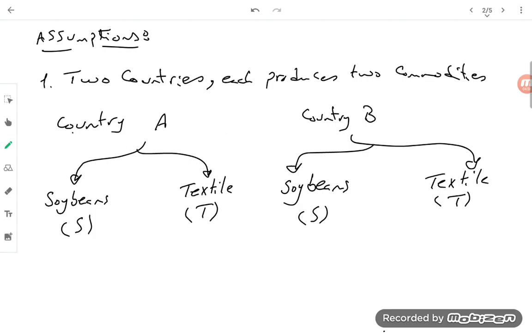Number two, rational behavior. Rational behavior means that each individual would like to maximize his own benefits.